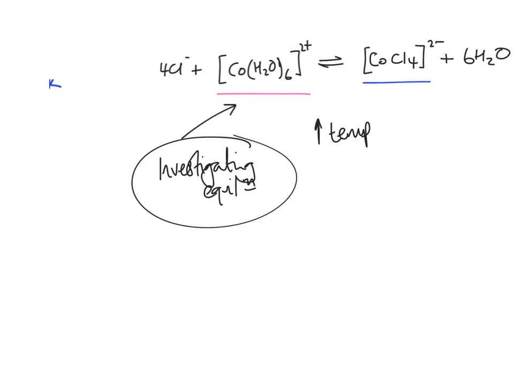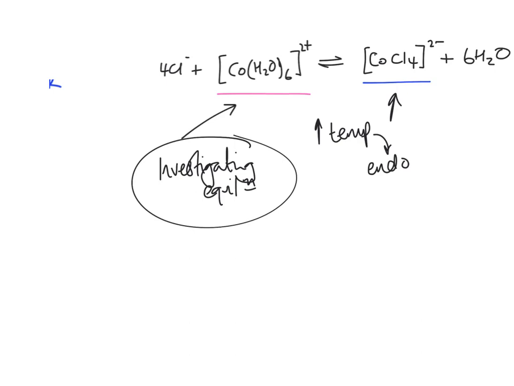So in this case, if we increase the temperature and we find that it becomes a more dark blue colour in the test tube, then we know that increasing the temperature, typically equilibrium would favour, from the theory beforehand, the endothermic reaction.